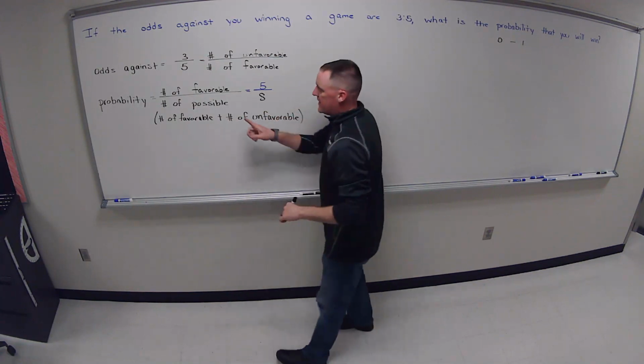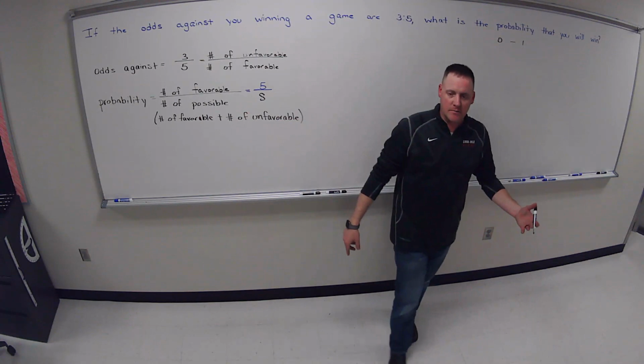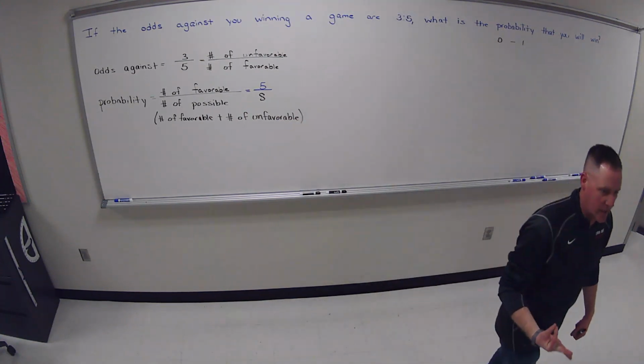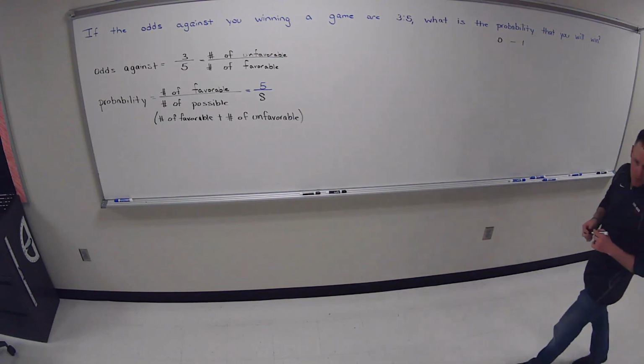Does everybody see that connection there? If I'm going to play a game 10 times and I won 3 times, how many did I lose? 7. Because 3 plus 7 has to equal my total. So if I won the game 5 times and lost the game 3 times, I played the game 8 times. That's how you're going to be able to find your total.